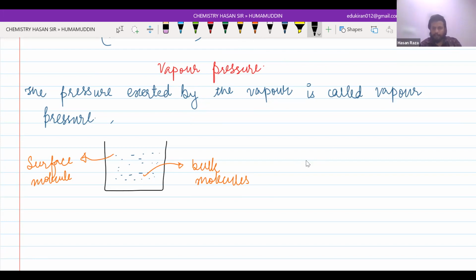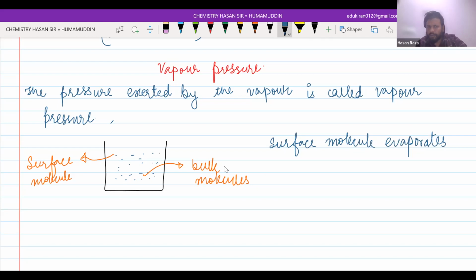So basically, in experiment, we found that surface molecule evaporates. Initially surface molecules are also bulk molecules, but when they get heat energy, they go upward because they gain energy in the form of kinetic energy.